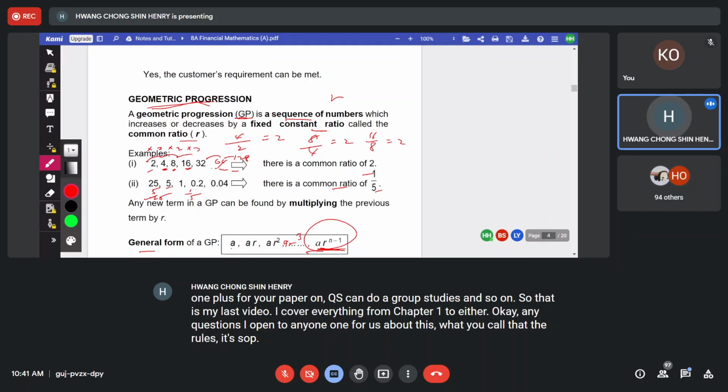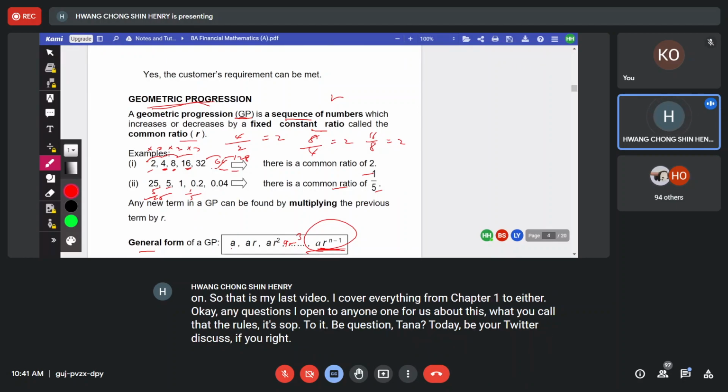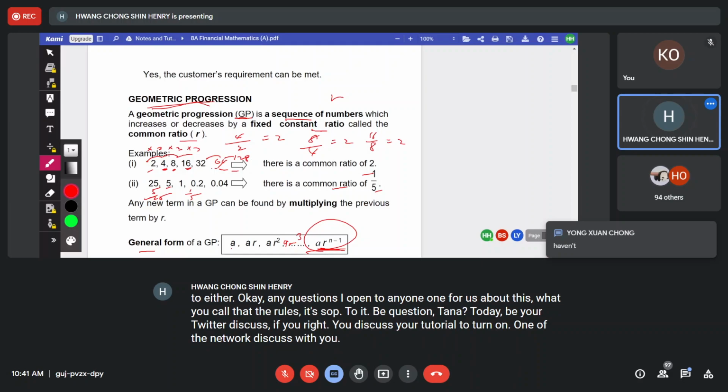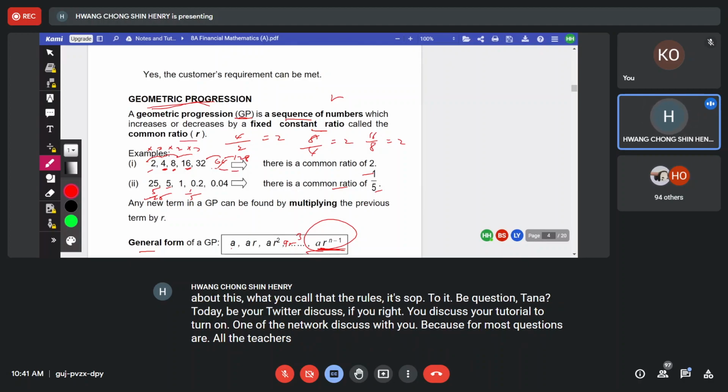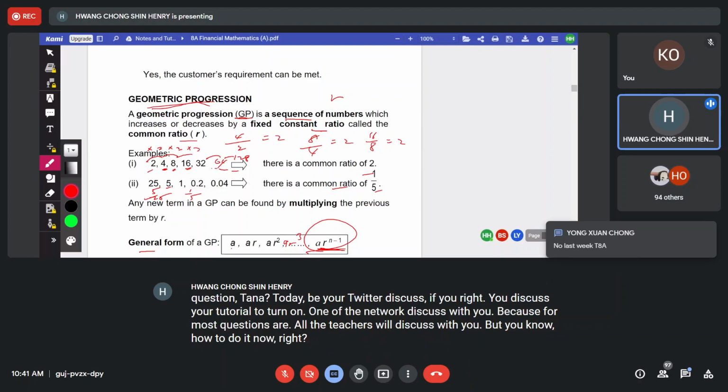Tutorial 8B, question 10. Tutorial 8B, your tutor discussed with you, right? Did you discuss with your tutor or not? Or why did your tutor never discuss with you? Because for most questions, the tutors will discuss with you. But you don't have tutorial now, right? Why did you never ask your tutor?